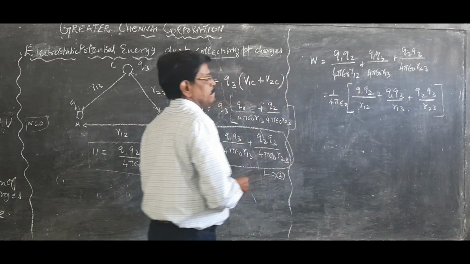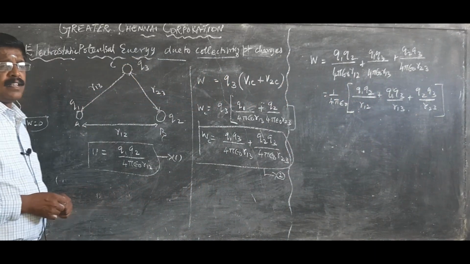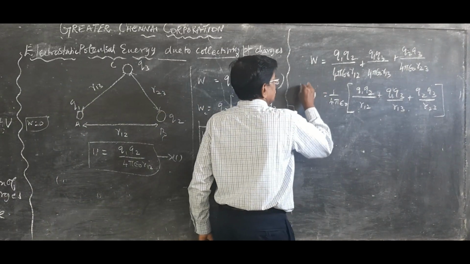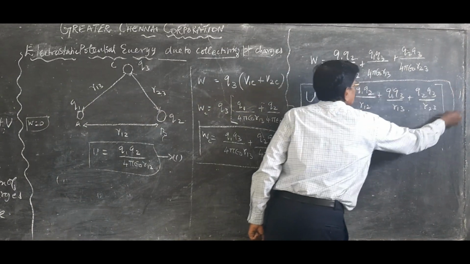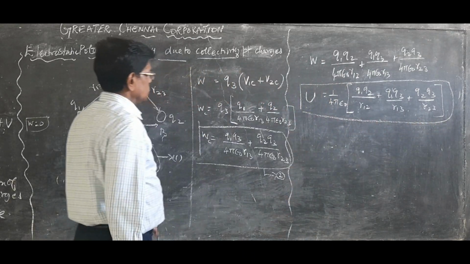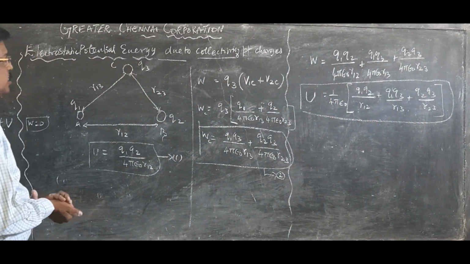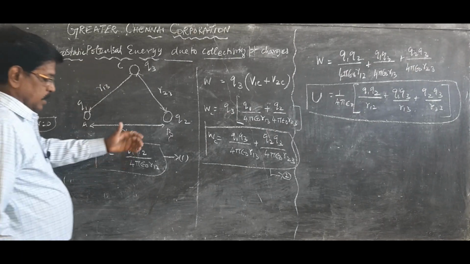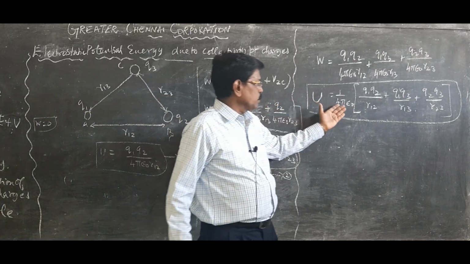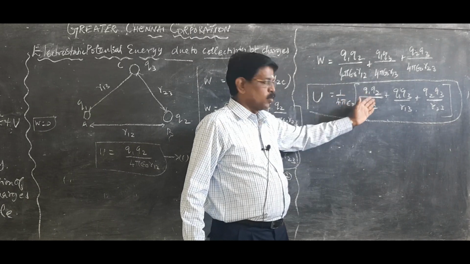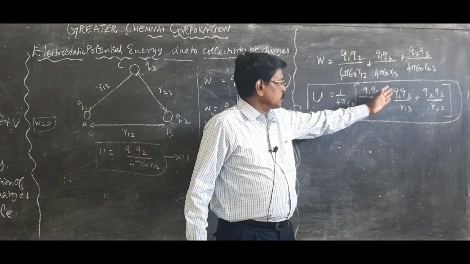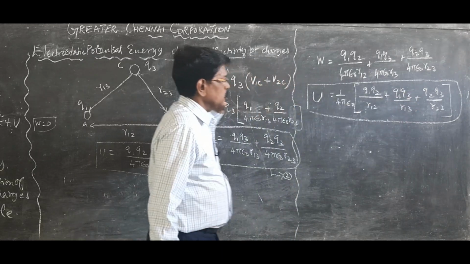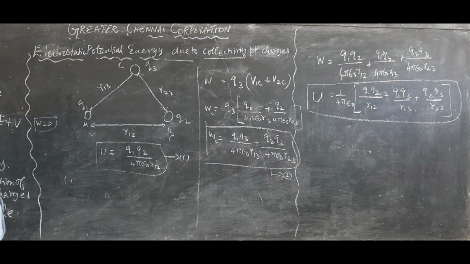This is the work done, which is nothing but the energy, which we can denote by the letter U. So the total electrostatic potential energy due to the three point charges is 1 by 4 pi epsilon naught times Q1 Q2 by R12 plus Q1 Q3 by R13 plus Q2 Q3 by R23.